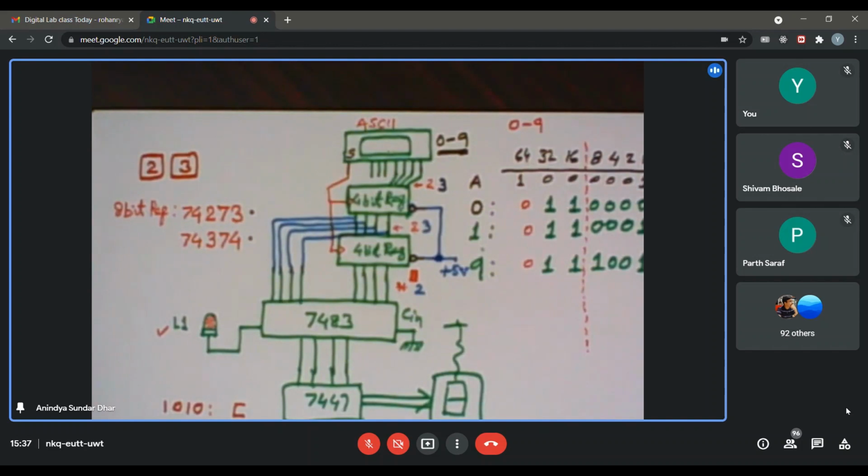Okay, so maybe you can practice this one a little bit. This one really doesn't have much design challenge for today's experiment. It is just because you have probably installed the simulator, so you try this one.